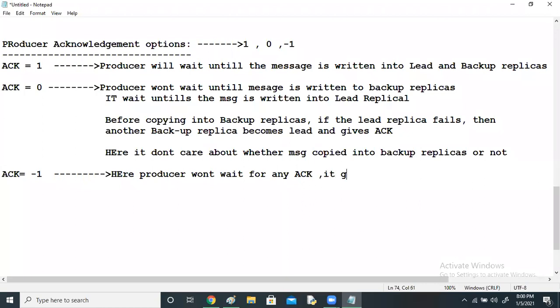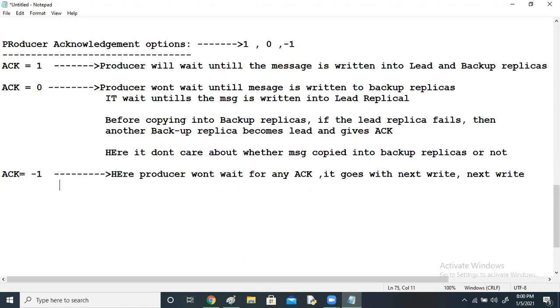It goes with the next write. These settings are configurable, like we can configure how the acknowledgement should happen. Yes, we write them in the configuration files. So the producer goes with next write, next write, next write.